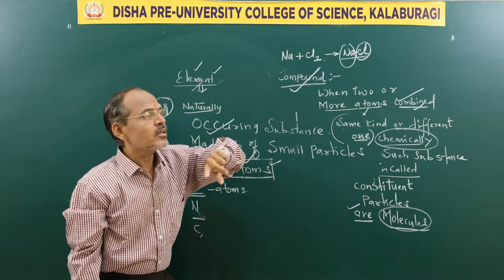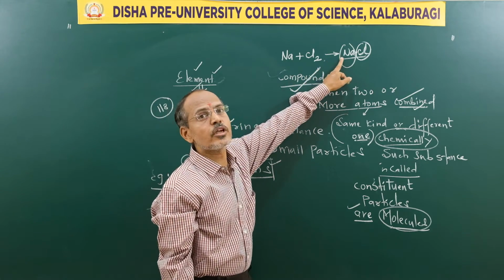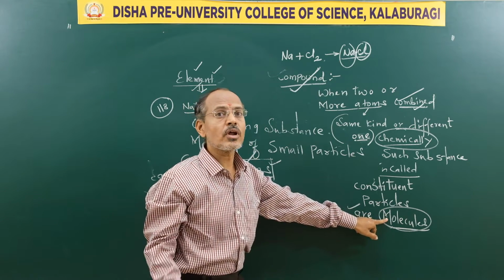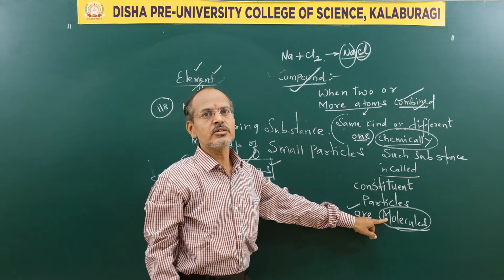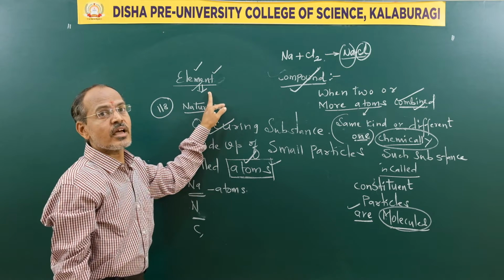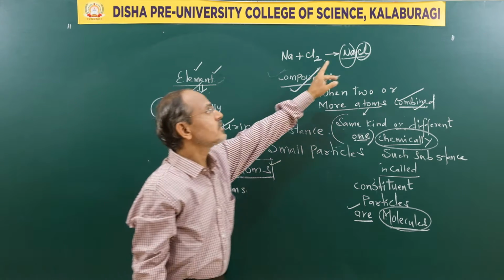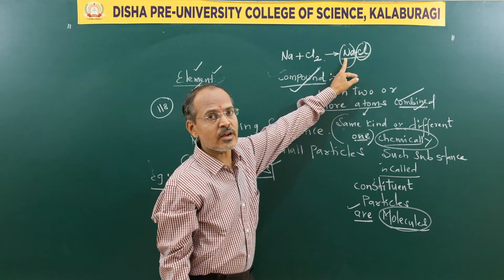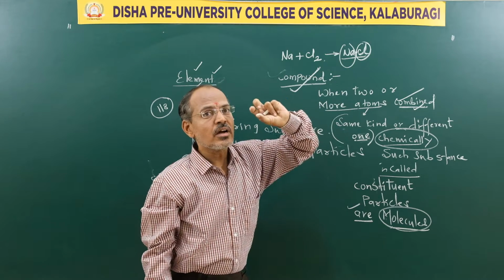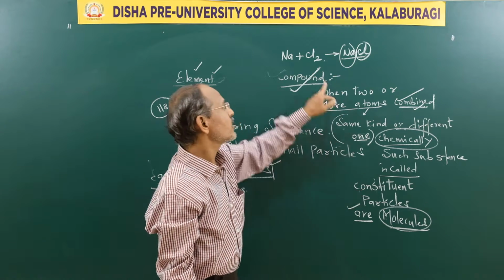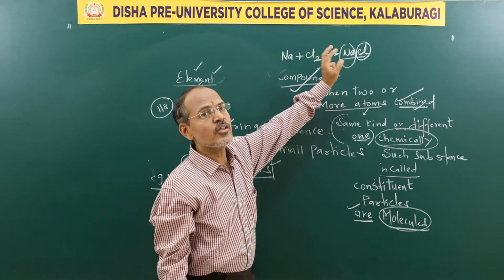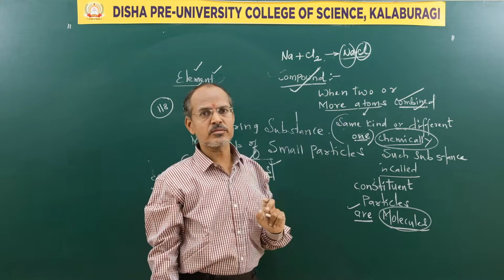And here this compound called sodium chloride contains sodium chloride molecules. Don't say it is an element. You should say it is a sodium chloride molecule, because the constituent particle of a compound is called a molecule.